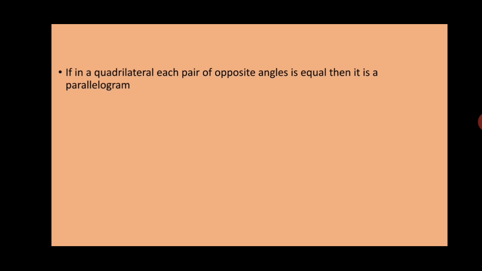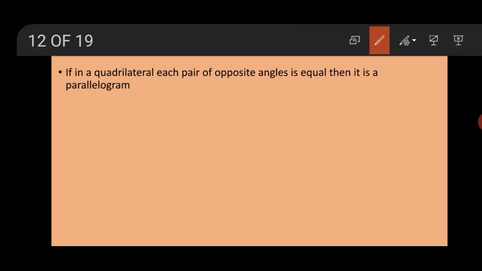Next, let us see one more property. If in a quadrilateral each pair of opposite angles is equal, then it is a parallelogram. Again, this is the converse of the previous statement. Previously we saw if in a parallelogram opposite angles are equal. This is the converse. So take down. This is one what?